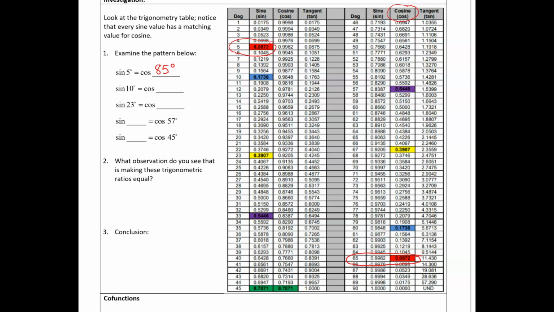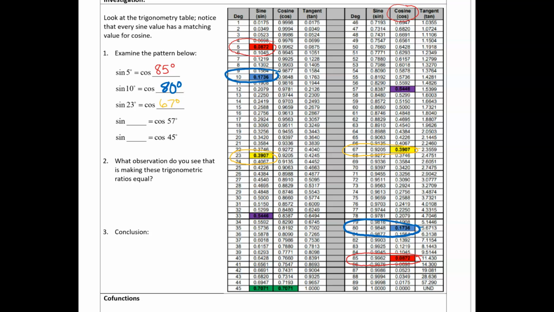Now let's look at a few more to see if you can notice a pattern. Sine 10 degrees is equal to cosine 80 degrees. Sine 23 degrees, which is 0.3907, matches over here at cosine 67. And then I believe sine blank, and I'm wanting to look at cosine 57.